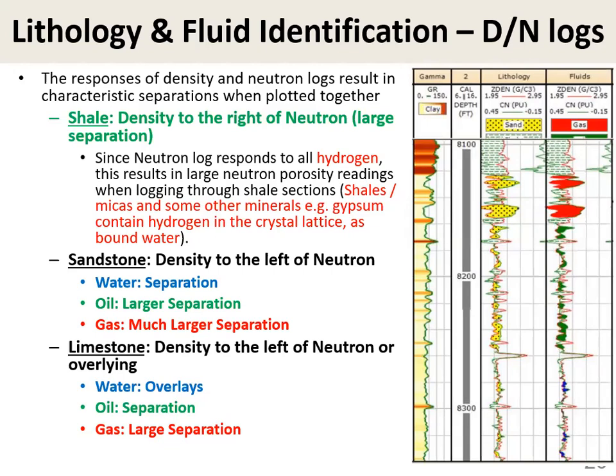But some operators or contractors may use green for gas, red for oil. That's why it's important for you to take note of the header information before you go ahead with your interpretation. For limestone, similar to the case for sandstone, the density is to the left of the neutron or just overlying it.